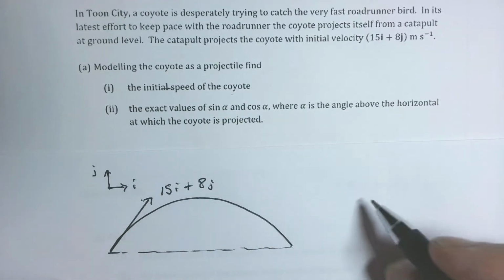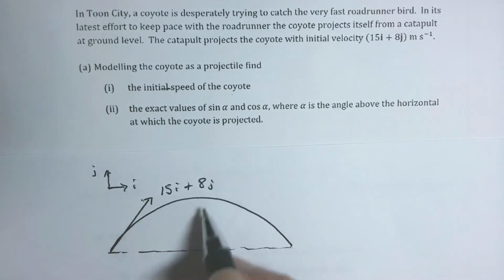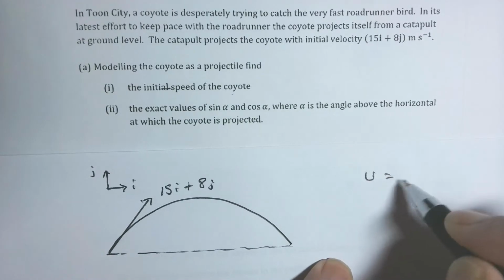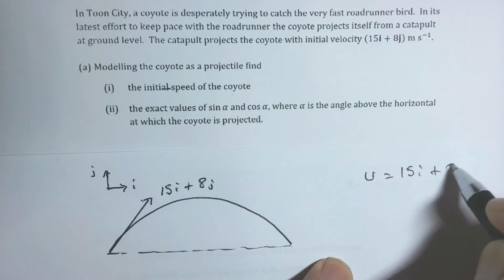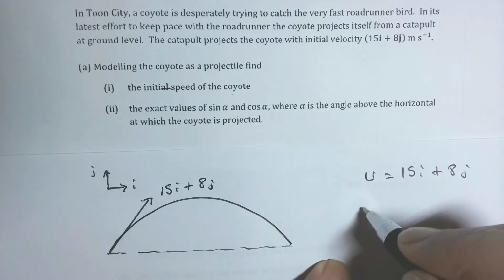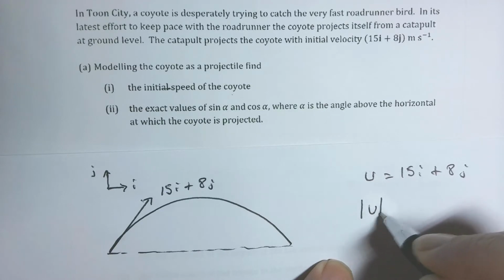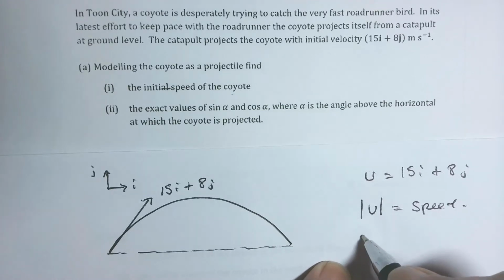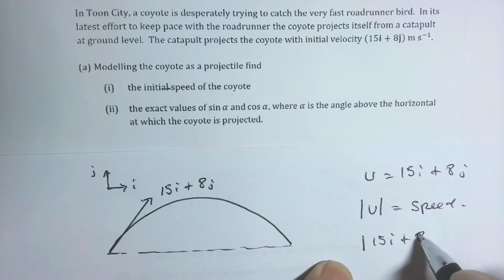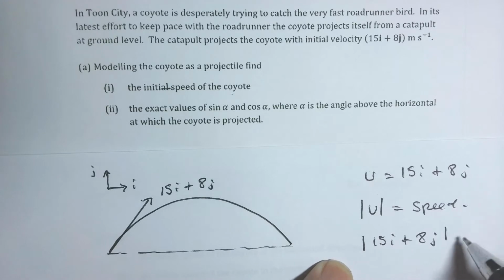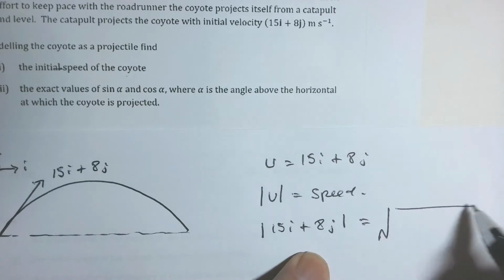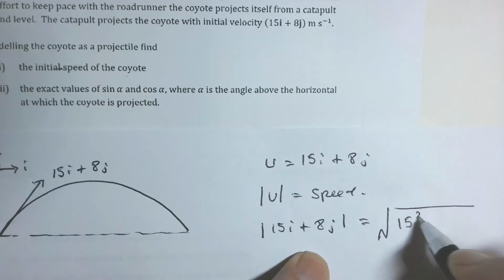Well, when we've got vector notation, if you've got a vector u given by 15i plus 8j, the magnitude of the vector, which is the speed, is given by the square root of 15 squared plus 8 squared.